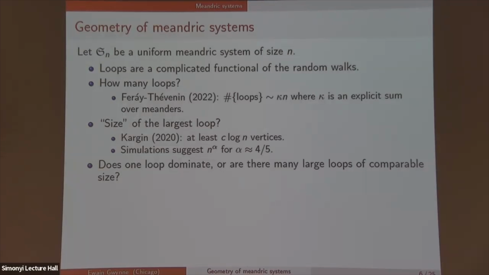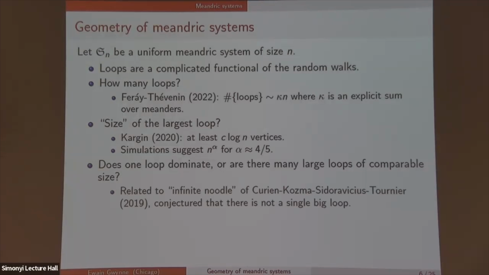The answer is also not known rigorously. But there has been some related work by Curien, Kozma, Sidoravicius, and Tournier in the context of the so-called infinite noodle. This question of whether there's a single dominant loop is closely related to the existence of this infinite noodle, as I'll explain a bit later in the talk.